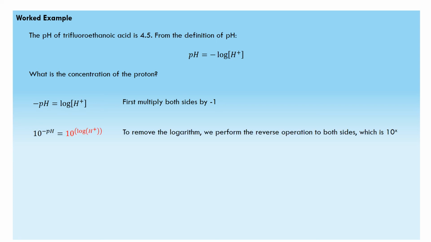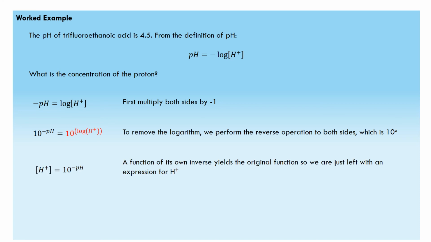Now we want to remove the logarithm. So we perform the reverse operation to both sides. The reverse operation to log x is 10 to the x. So we take 10 to the power of minus pH is equal to 10 to the power of log H plus.